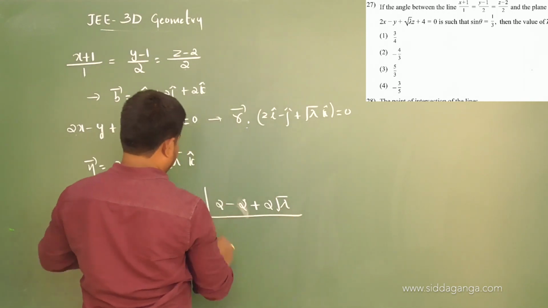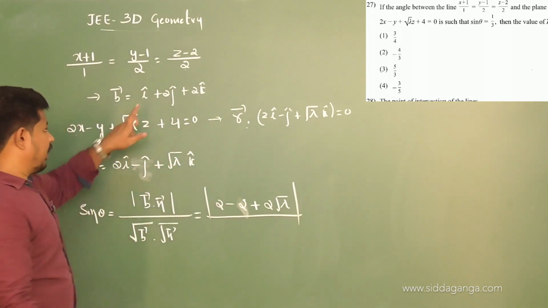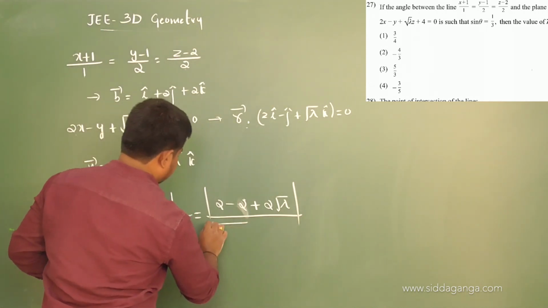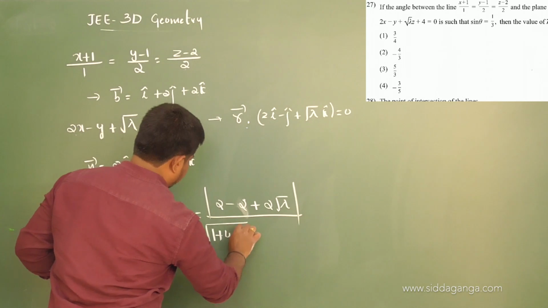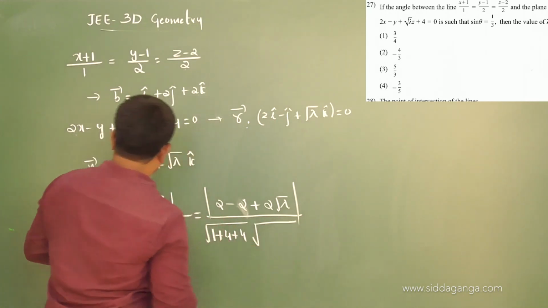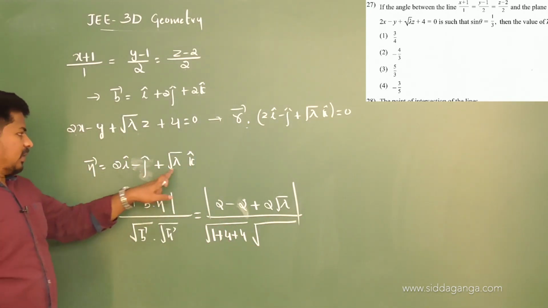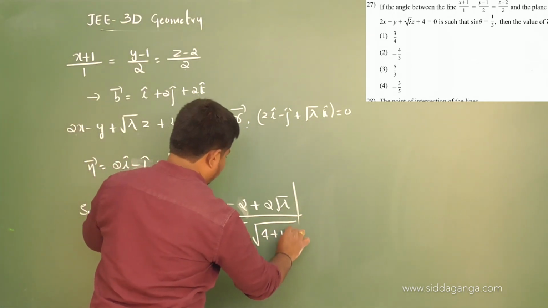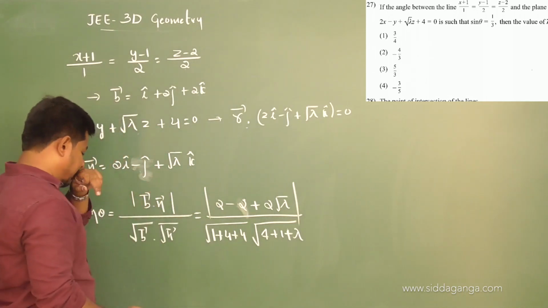Divided by root of a1 square plus b1 square plus c1 square, so 1 plus 4 plus 4, into root of 2 square plus minus 1 square plus root lambda whole square, that is 4 plus 1 plus lambda.